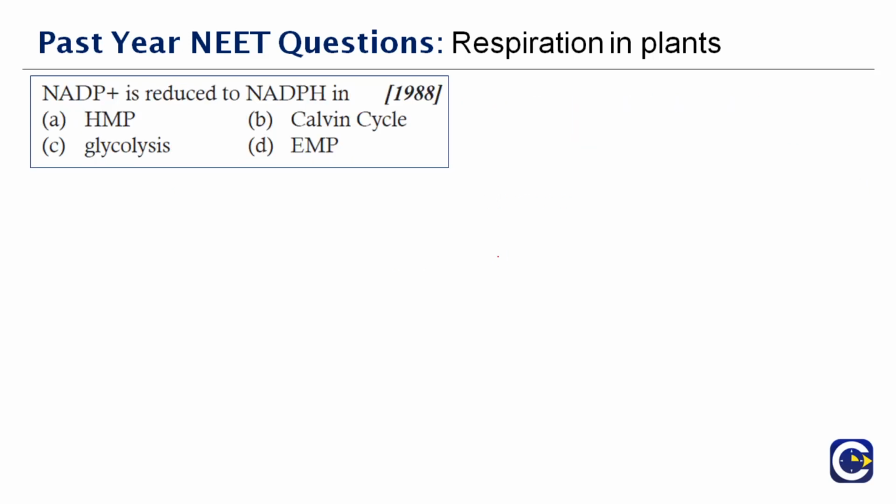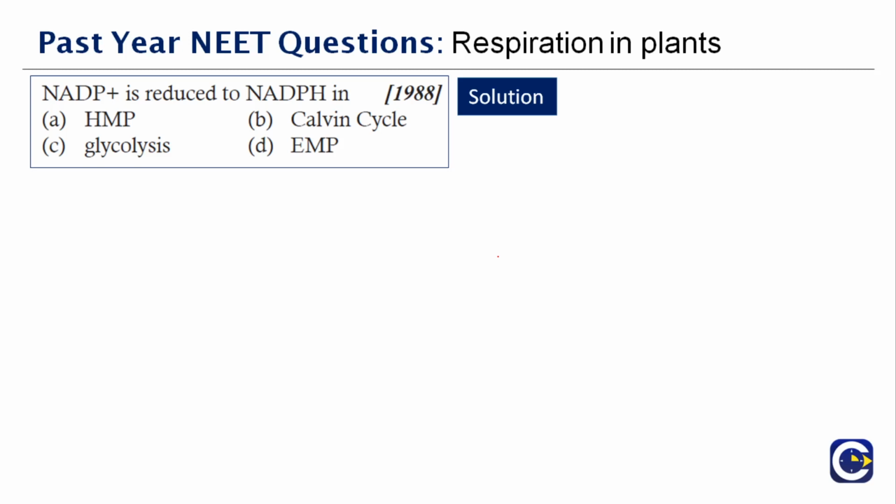Next question. NADP plus is reduced to NADPH in which pathway? Again, this is a very easy question for you, which was asked in the year 1988. Complete degradation of the molecule of glucose produces 12 molecules of NADPH2. Where it is reduced happens in the HMP pathway.